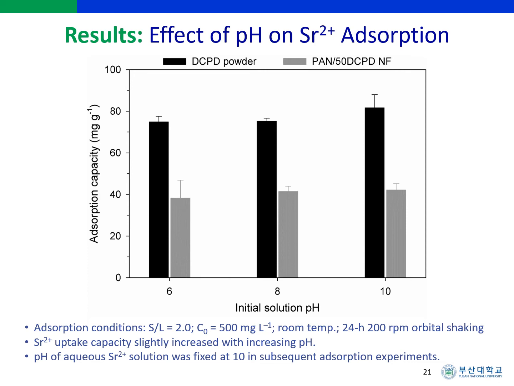Although the composite PAN nanofiber with 58% DCPD loading demonstrated similar adsorption capacity values, the initial pH values of strontium solutions were adjusted to 10 in subsequent adsorption experiments because the DCPD adsorbent powder exhibited the highest uptake capacity at this pH level.